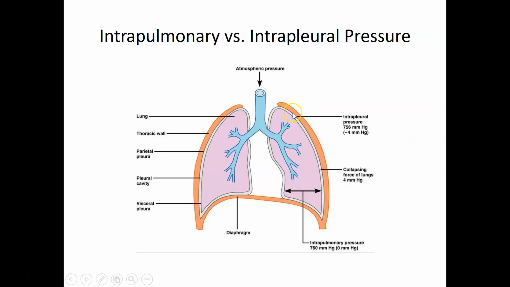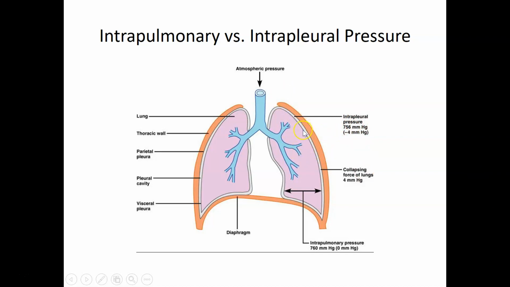Intrapleural pressure, and in this case it's saying -4 compared to the intrapulmonary pressure. And this is also giving the actual values. At air pressure, 760 millimeters of mercury, compared to intrapleural pressure, 756, so a slight vacuum in the pleural cavity.